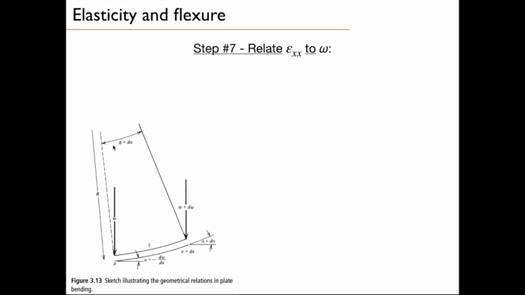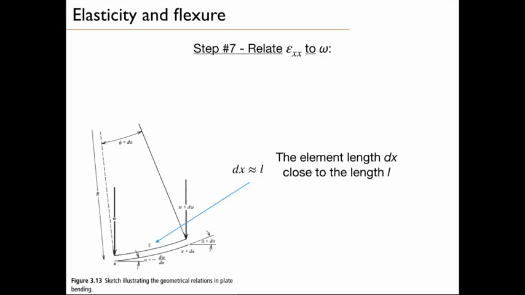And as the angle here increases, the angle to the horizontal will increase. So on that side, the angle is alpha plus d alpha. There is an increment of the angle along the length of the element. So the element length, dx, is close to the length L. That's one of the first things.